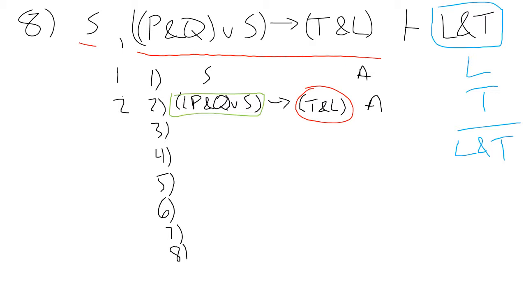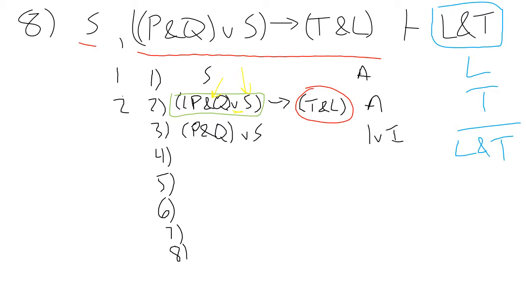The main operator in that antecedent is a wedge. So I should be asking myself, do I have either of the terms? Do I have S by itself or P and Q by itself? And the answer is yes, I do have the S by itself. So I can take the S by itself and I can wedge in the P and Q.